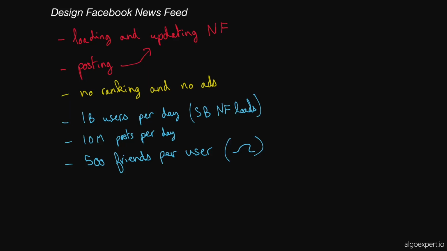For instance, if you post something, then a friend close to you, within the same region, should see the post within a few seconds. But I think we're okay if a friend you have in Europe, for example, sees the post much later, say within a minute. Okay, so I'll put that our latency for seeing a new post is going to be somewhere between 1 second and 1 minute, depending on how far away people are. This is going to be our ballpark estimate. Is that accurate? Yep, sounds good.